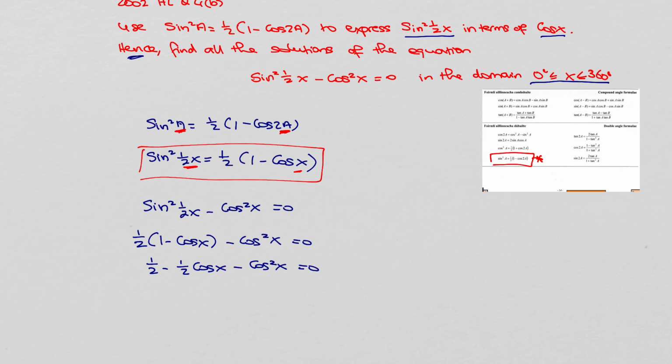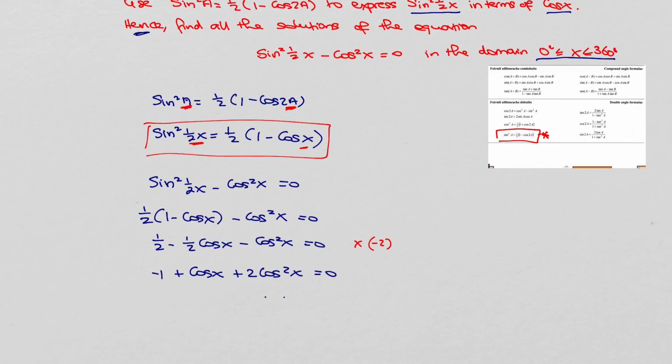And I can see this is going to become a quadratic. So I'm multiplying everything across by minus 2. So that will become minus 1, become plus 1, and it's going to become plus 2 cos squared x.